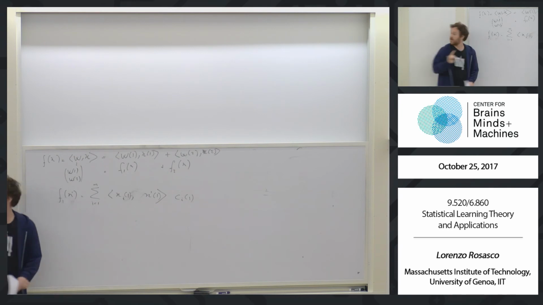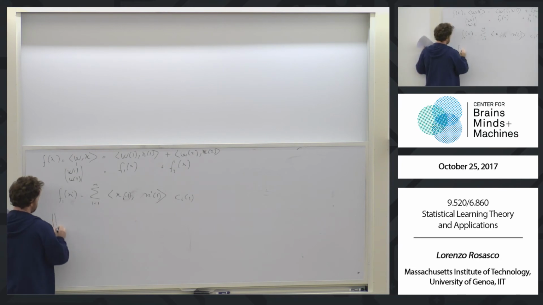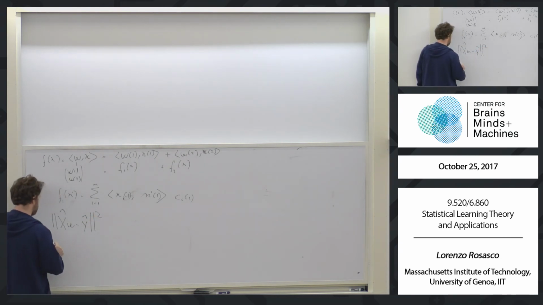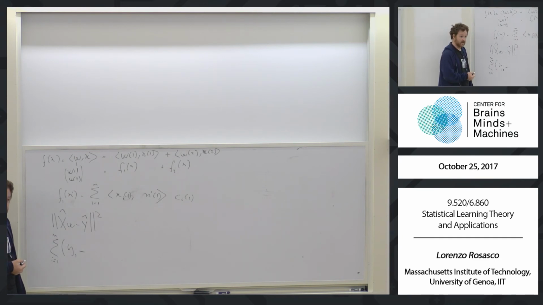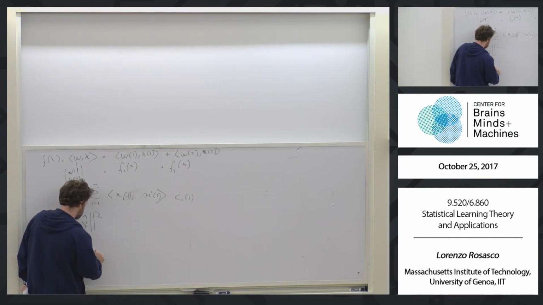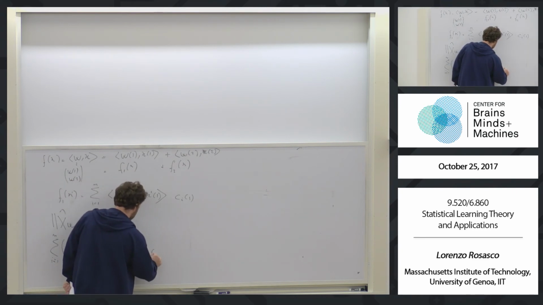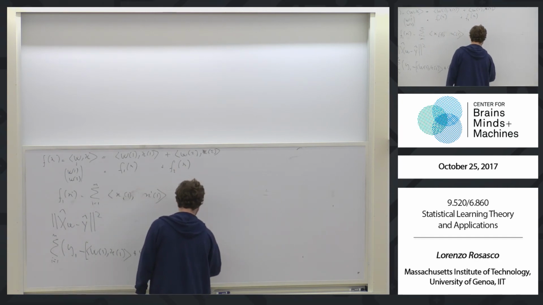Let's write this down. Okay, let me just rewrite this. When you write the empirical risk, the squared error, omitting the 1 over n, it's going to be y_i minus w x_i. But in this case, it's just w1 x1 plus w2 x2, plus lambda.